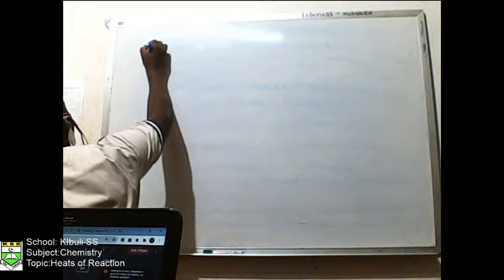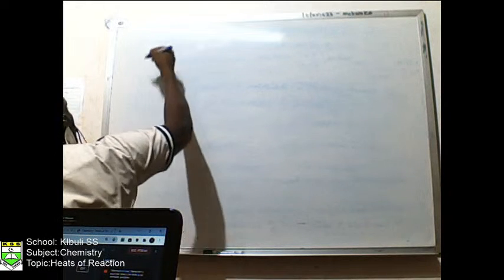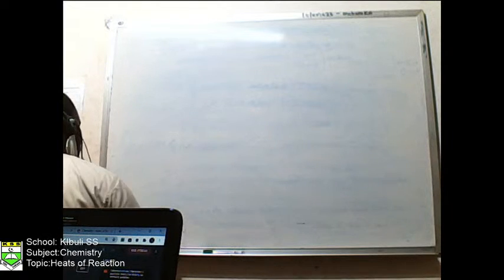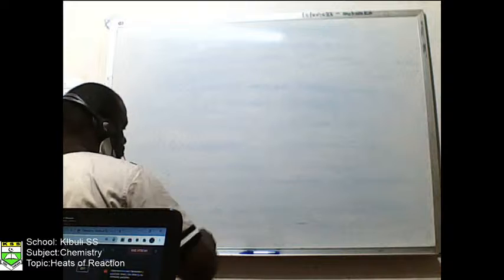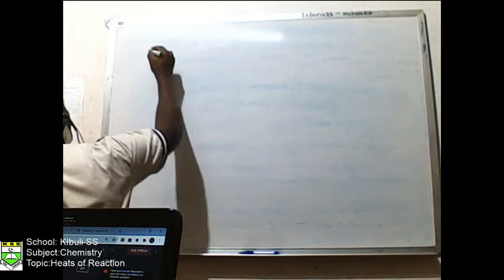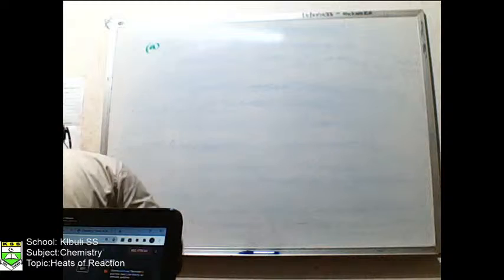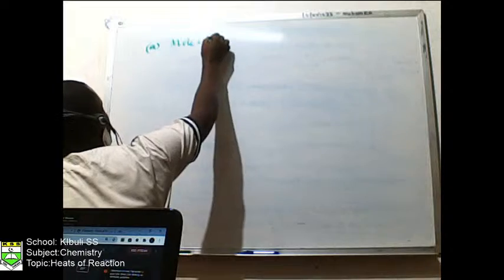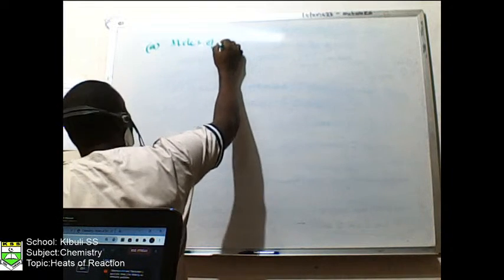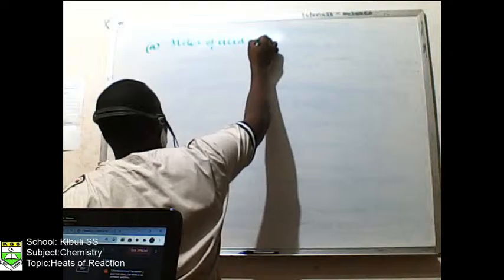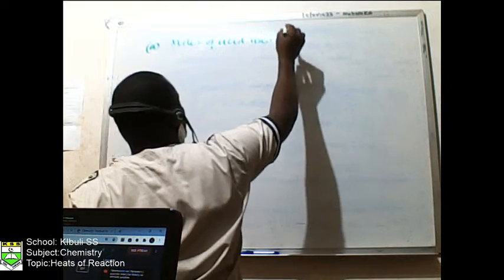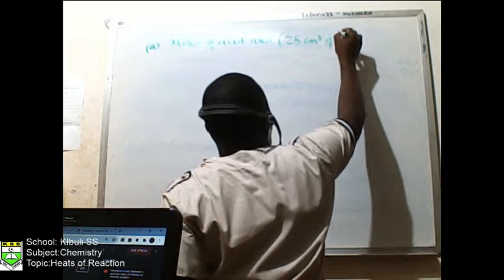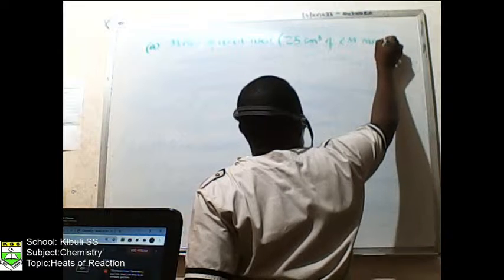That is part A. Moles of acid. Remember, we had 25 cubic centimeters of 2 molar monobasic acid.